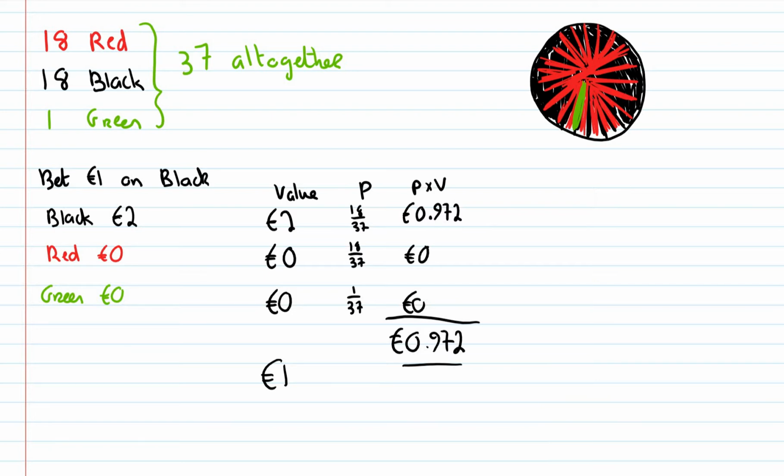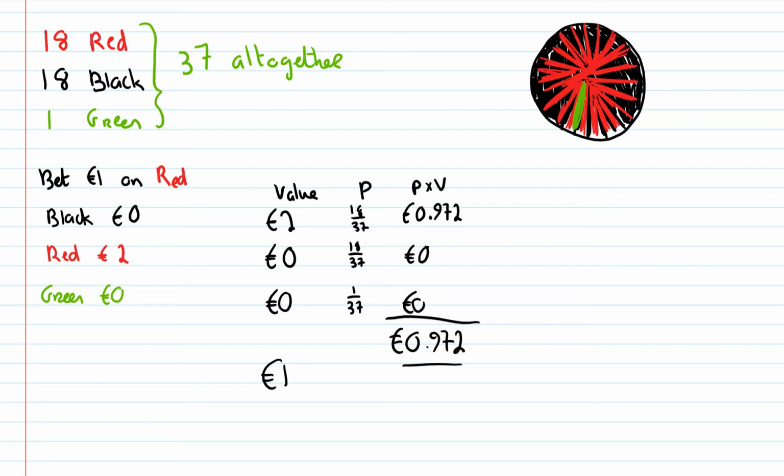Likewise with red. If I put €1 on red, that means if black comes up, I get 0. If red comes up, I get 2. And if green comes up, I get 0.